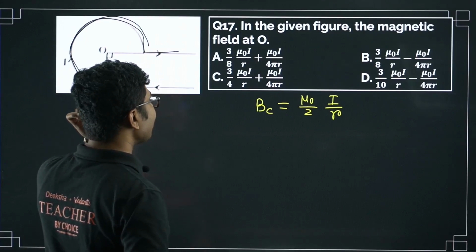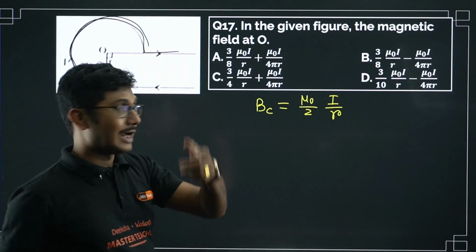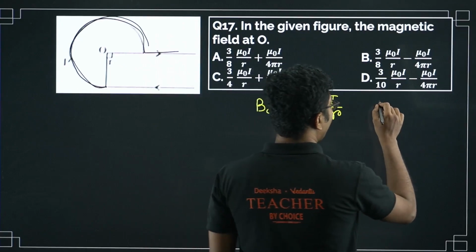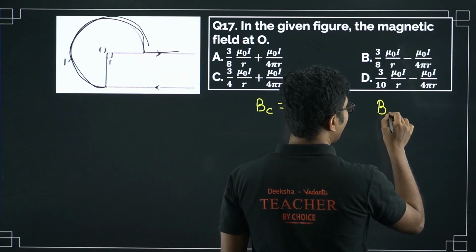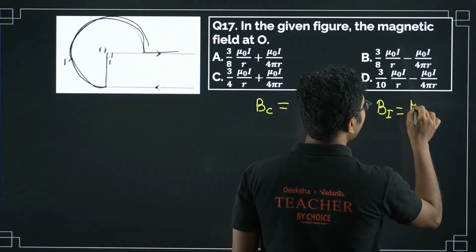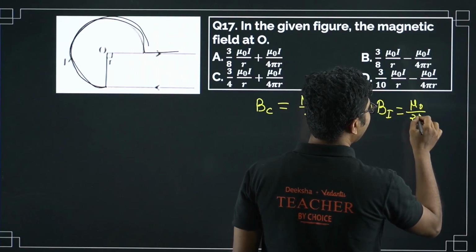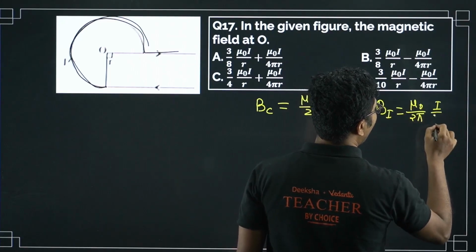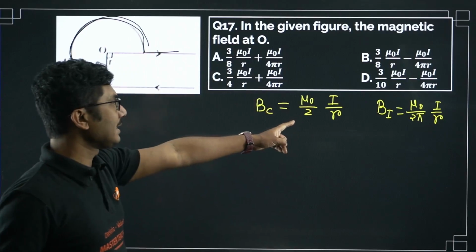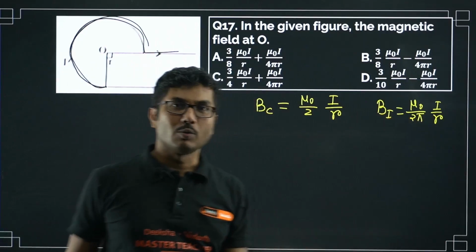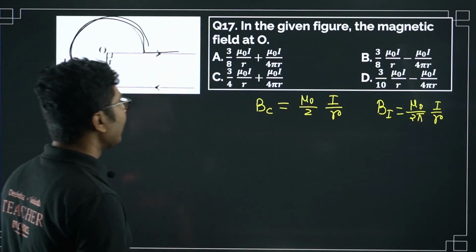And what is the expression for a current carrying wire? For an infinite current carrying wire, it is basically mu naught by 2 pi, I by R. Almost the same. In one case there is a pi here, in the other case there is no pi. Now let's see.